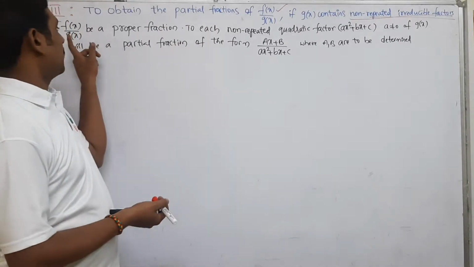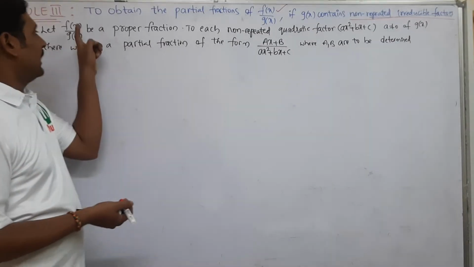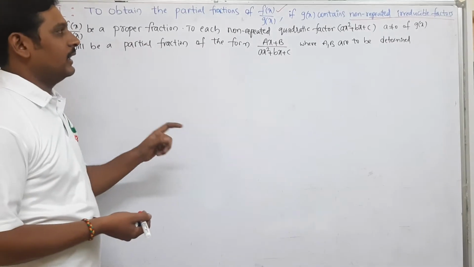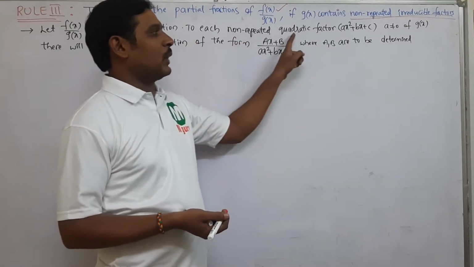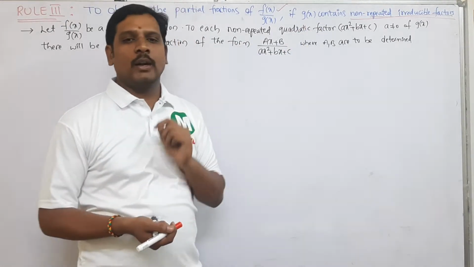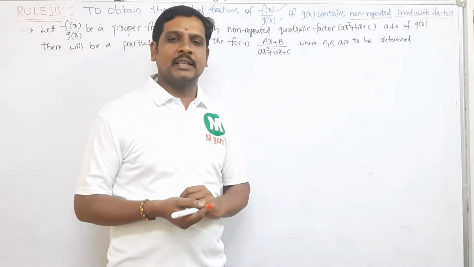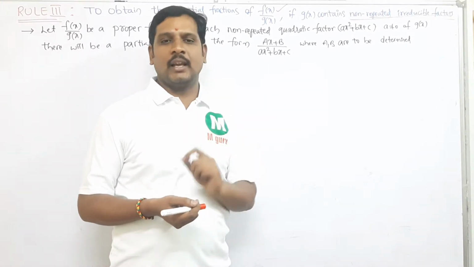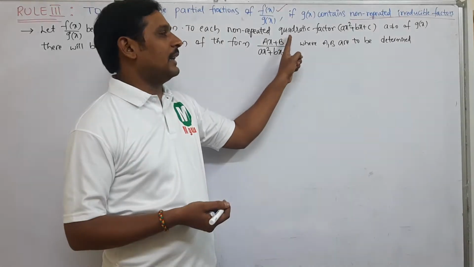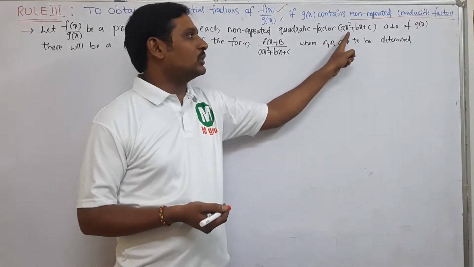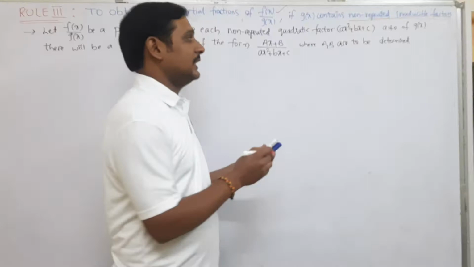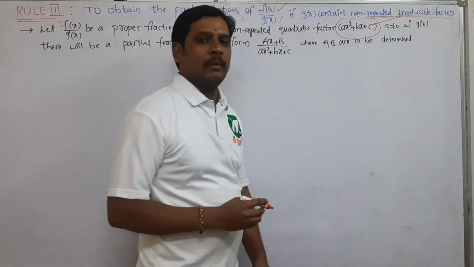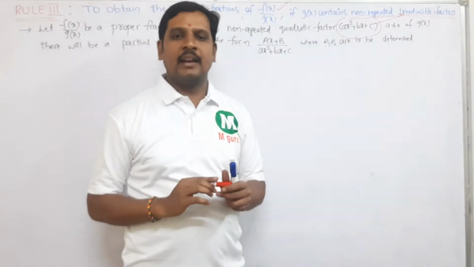Once again, the procedure is we need to verify f of x by g of x must be a proper fraction. In rule number 1 and rule number 2, we discussed linear factors. A linear factor is one whose degree is 1, and presently we are dealing with a quadratic factor whose degree is 2, and this can be irreducible, because some quadratic factors are reducible.